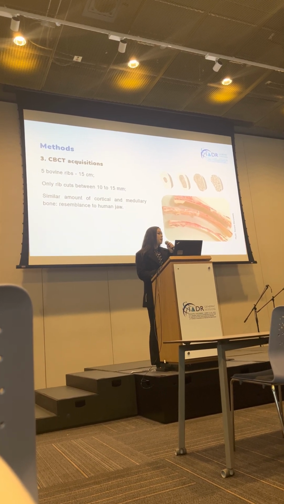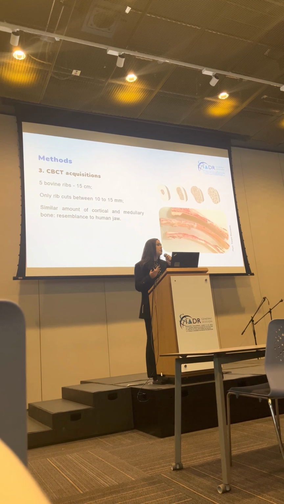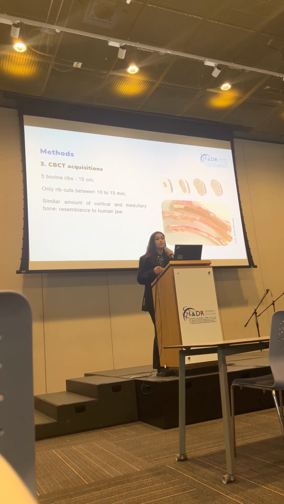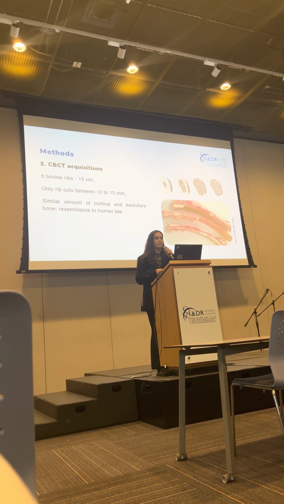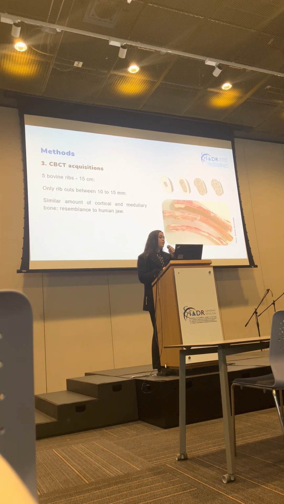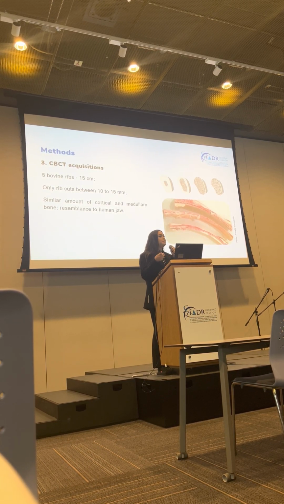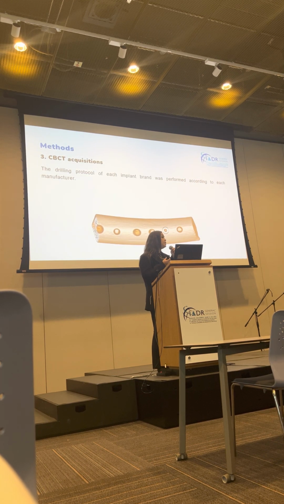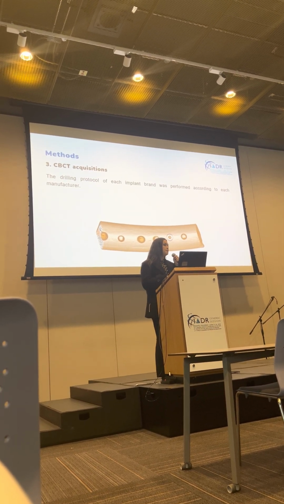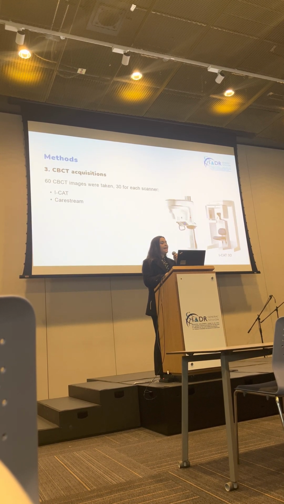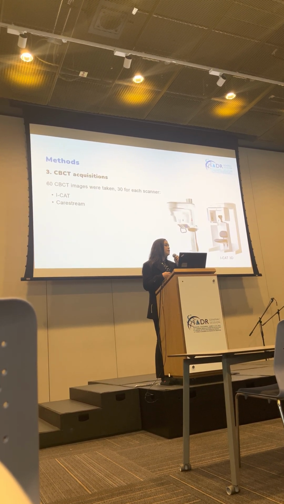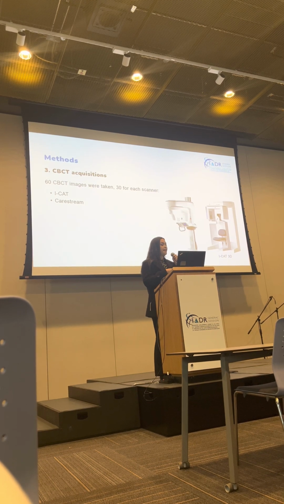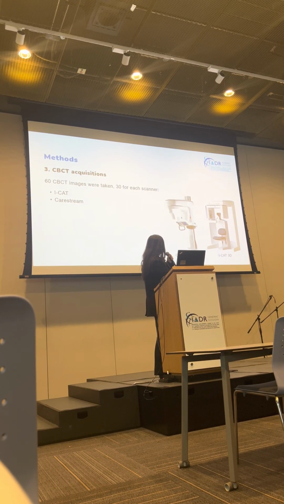5 bovine ribs were cut and divided into 50 centimeter blocks. Only cuts between 10 to 50 millimeters were selected. To resemble the human jaw, we chose blocks with similar amounts of cortical and medullary bone. The drilling protocol of each type of implant was performed, and 6 images were taken, 30 for each type of scanner, i-CAT or Carestream.